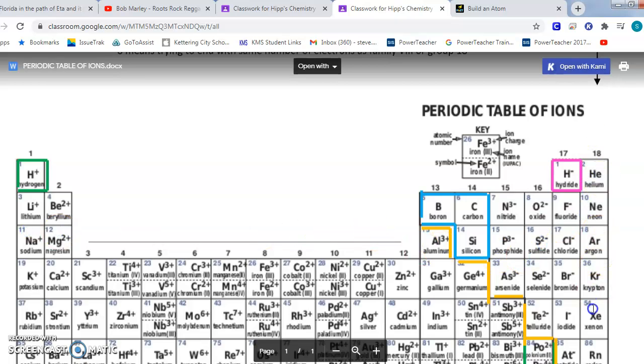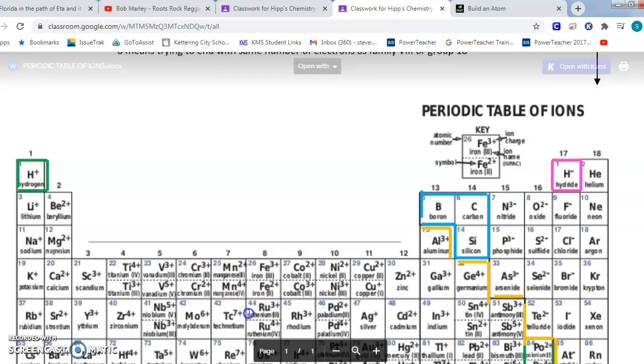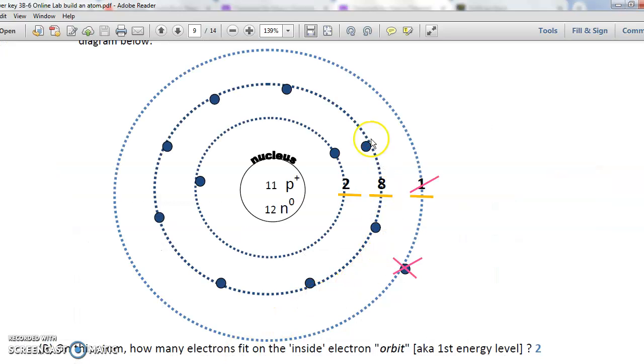We know neon is in the inert or noble gases, meaning that they are chemically stable. For some reason, 10 electrons is chemically stable, and that's what sodium will want to do. They react to become chemically stable. Taking a look at this, we can see why it wants to happen. If it loses the 1 in the 3rd level, it's left with the 2nd level full, 8 electrons. 8, an octet.